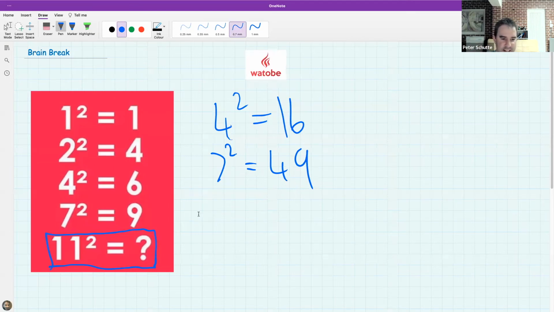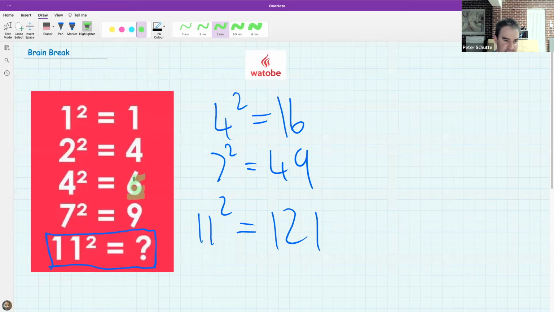So what is 11 squared normally? It's going to be 121. But like if we look at that, that's 6. This is 9. And so the final one is just going to be 1, according to this pattern.